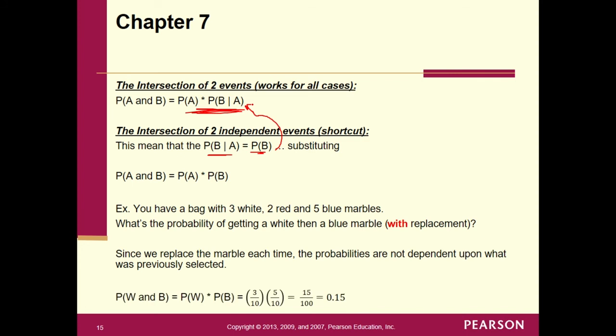So that means we could say the probability of the intersection of white and blue is equal to simply the probability of white times the probability of blue. So what's the probability of white? 3 out of 10. But after we get it, we look at it and throw it right back into the bag. And what are we left with as far as blue marbles? 5 out of 10. And there you go. You multiply across, you get 0.15.